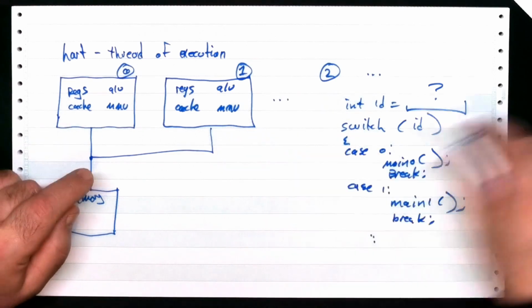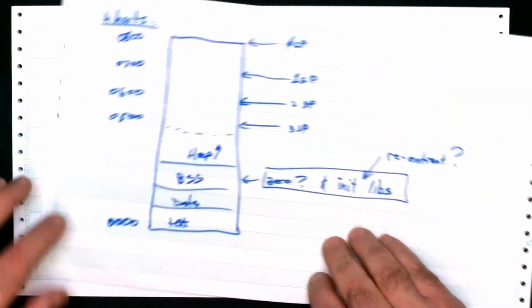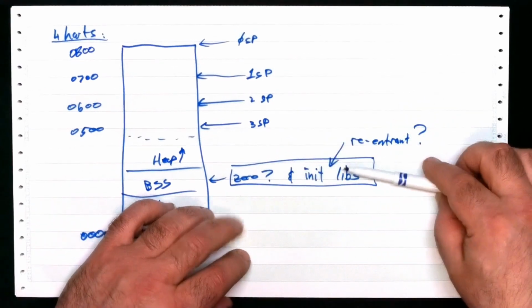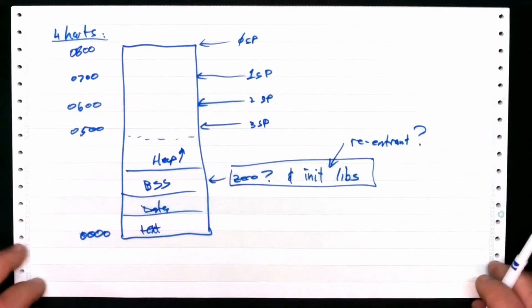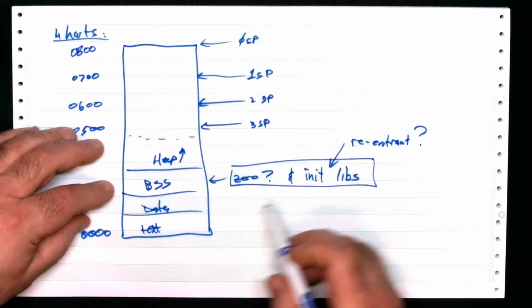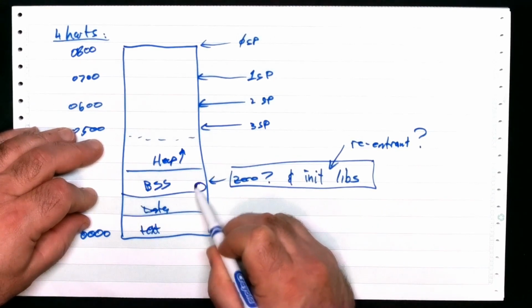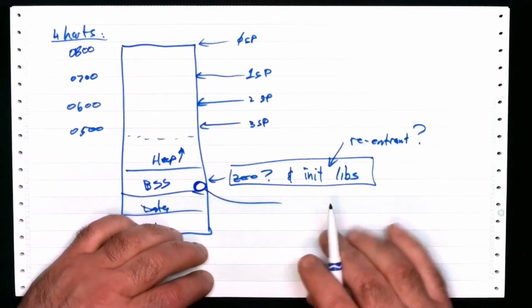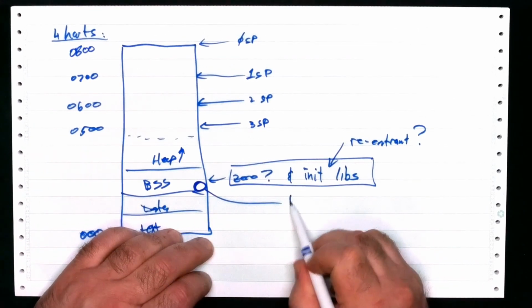All right? And that's really useful, especially if you want to stop a bunch of harts and then resume them later. So how are we going to go about doing this, right? All right, let's say there's a flag in memory somewhere. Let's say this byte right here. I'll just put a circle right there, whatever address that is, okay? Let's call this one the init done flag.